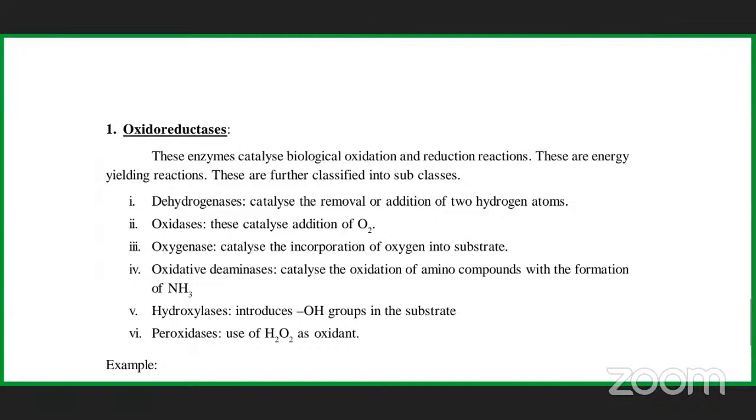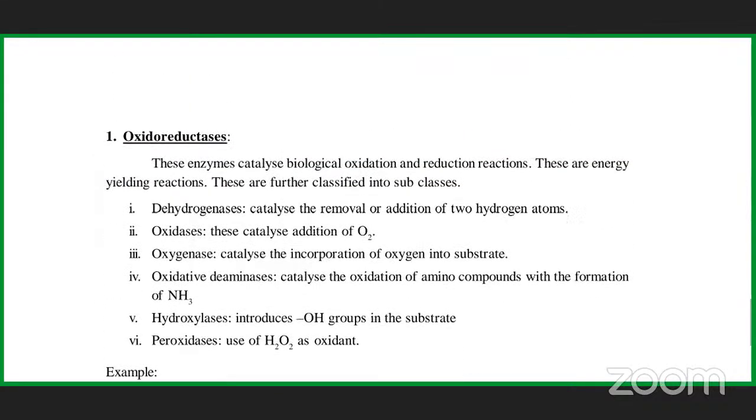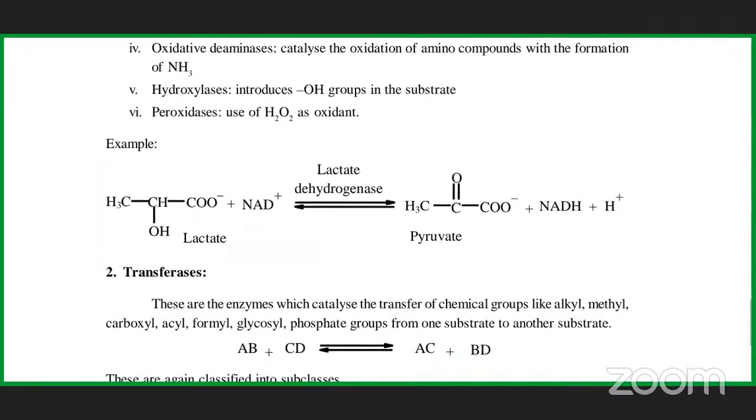Oxidative deaminases catalyze the oxidation of amino compounds with the formation of ammonia. Hydroxylases introduce OH groups into the substrate molecule. And peroxidases use hydrogen peroxide as oxidant. So these are the functions of the various categories of oxidoreductase enzymes.